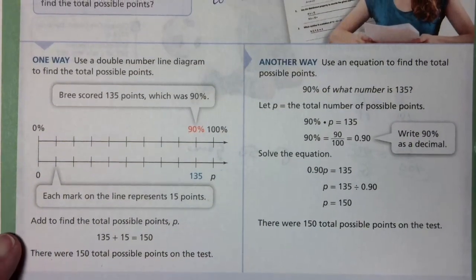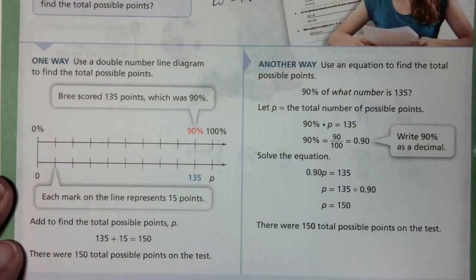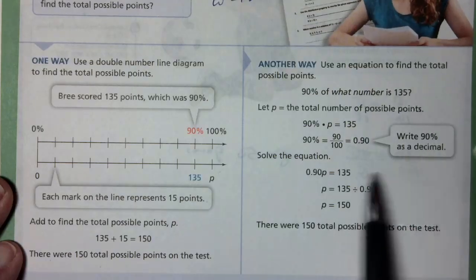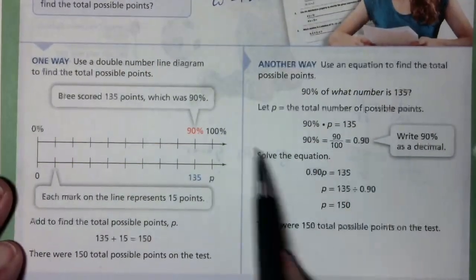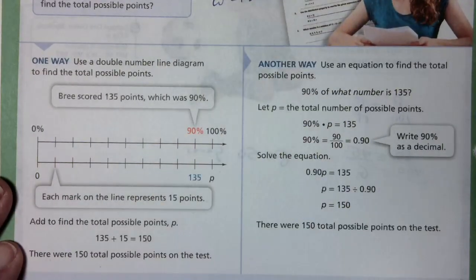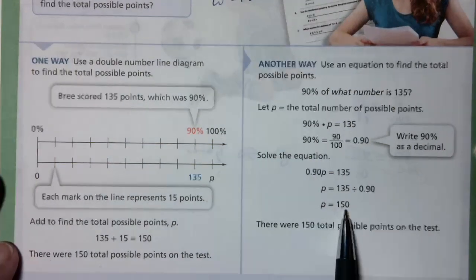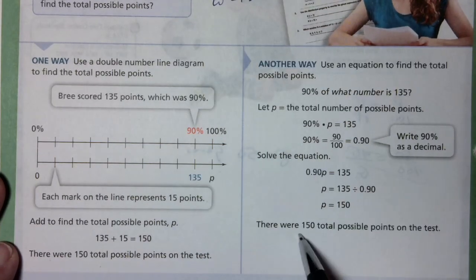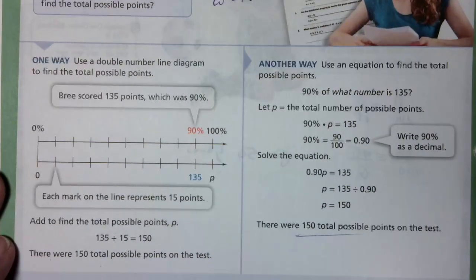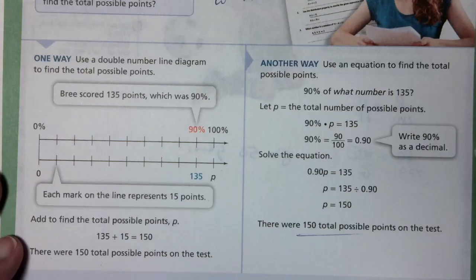Use an equation to find the total possible points. They said 90% of what number is this, and they set it up, and they don't do it my way, but I want you to do it my way, and they come out with 150 like we did. So there were 150 total possible points on the test. Okay, so I'm not into all this drawing.